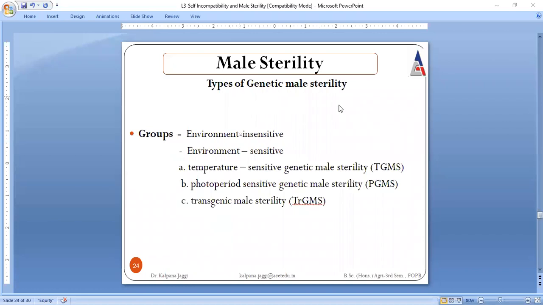Next are the types of genetic male sterility, GMS. One category is insensitive to the environment, and the other category is sensitive to the environment.